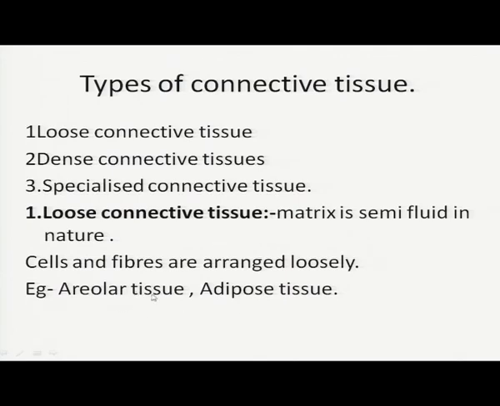Examples are areolar tissue and adipose tissue. These are the typical examples of loose connective tissue. The term loose connective tissue means cells and fibers are arranged loosely in the semi-fluid matrix.